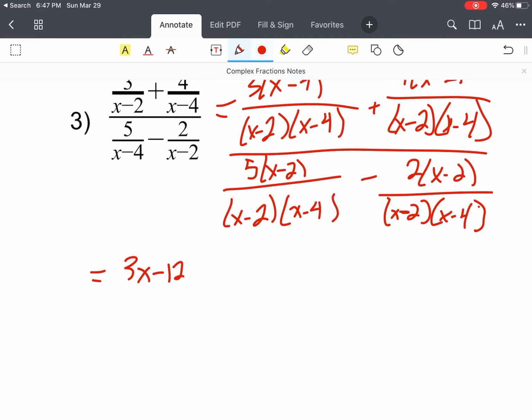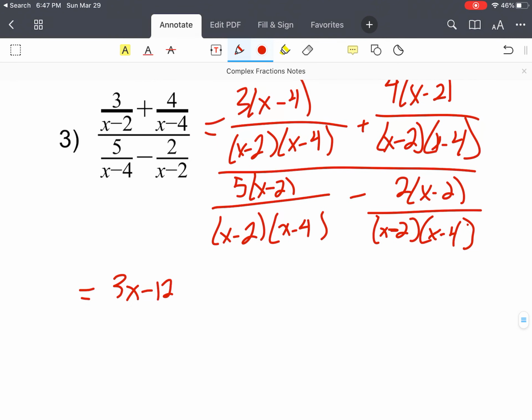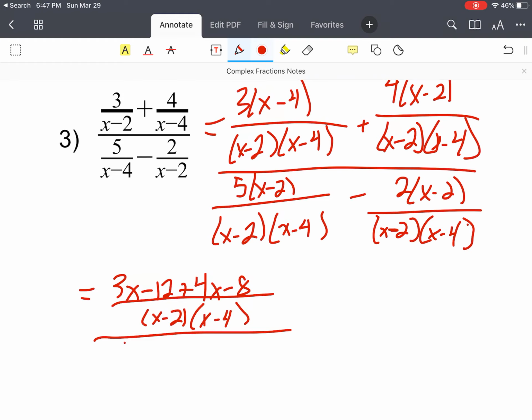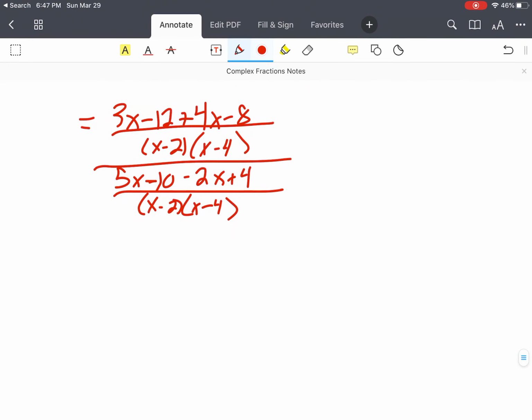So I'm going to have 3x minus 12 plus 4x minus 8 all over x minus 2 times x minus 4 all divided by 5x minus 10 minus 2x plus 4, make sure you distribute that negative with it, all over x minus 2 times x minus 4.